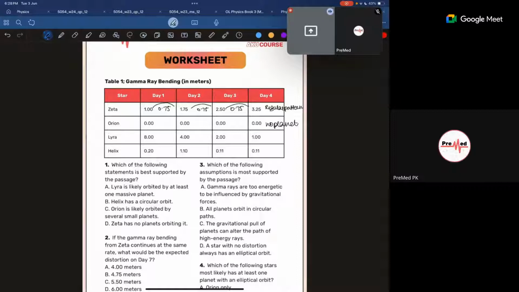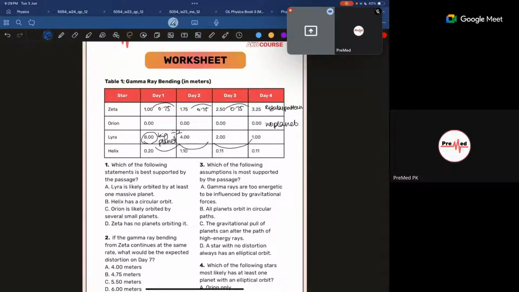And then for Lyra, we can see that on day 1, there is a huge bending of 8 meters. This shows the presence of a big planet for Lyra. And on each subsequent day there is a pattern for Lyra. On day 1 it is 8, on day 2 it is 4. So we can see it is being divided by 2 each day.